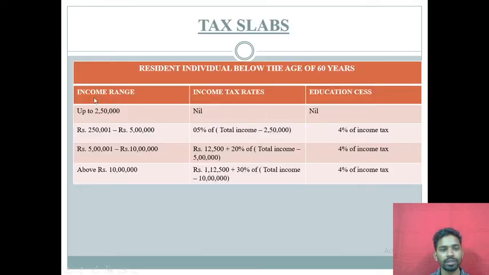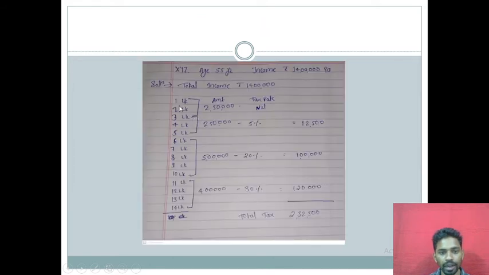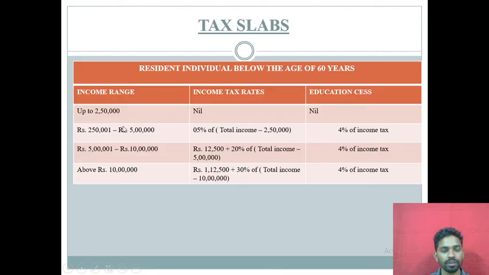Now in this category, up to 2,50,000 there is no need to pay the tax. Next, rupees 2,50,000 to 5 lakh, he has to pay how many percentage? 5%.